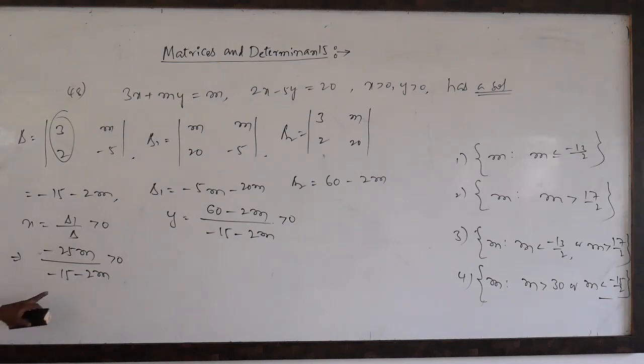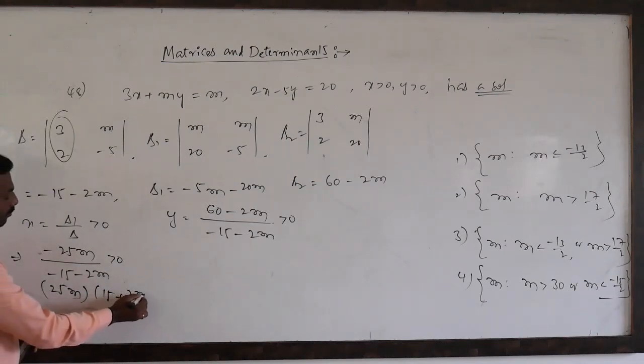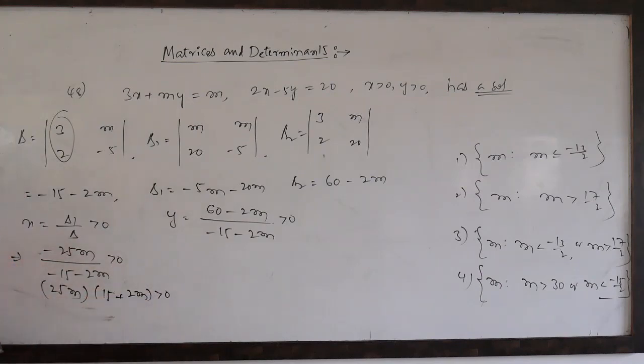Numerator and denominator, multiply with -15 - 2m. If you take the minus common, we can cancel. So finally we got 25m divided by 15 + 2m; multiplying both sides with 15 + 2m, this is greater than 0.